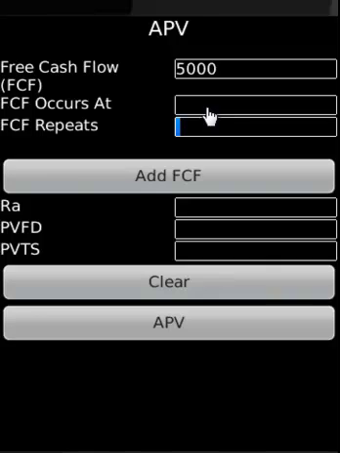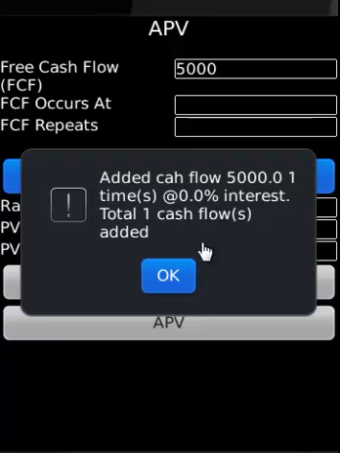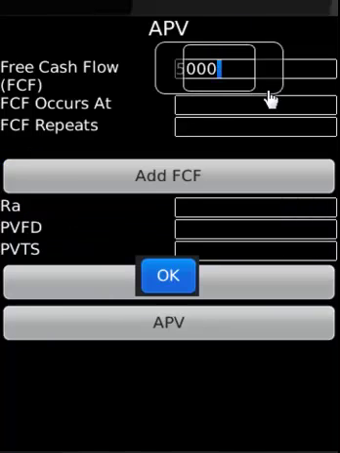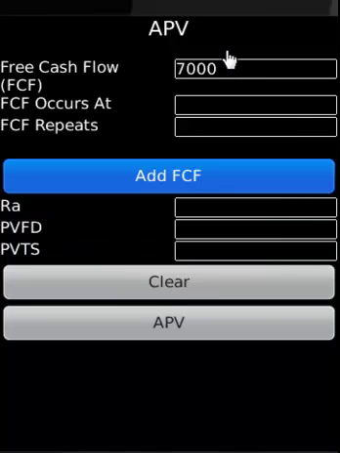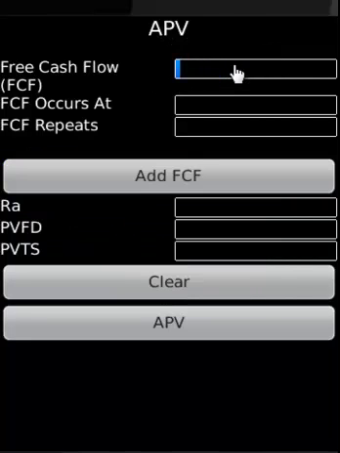If the cash flow repeats, we can also specify that instead of manually entering those. So we added one cash flow, say we adding the second cash flow and we add the third cash flow.